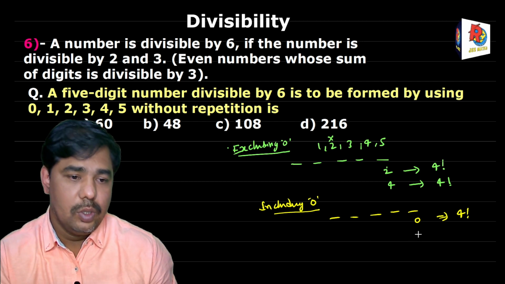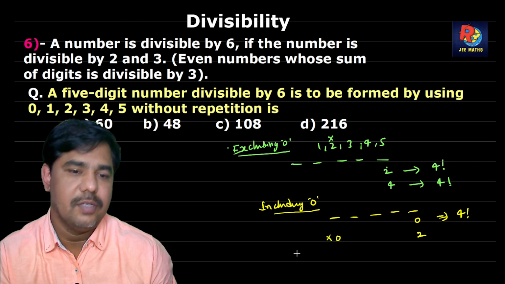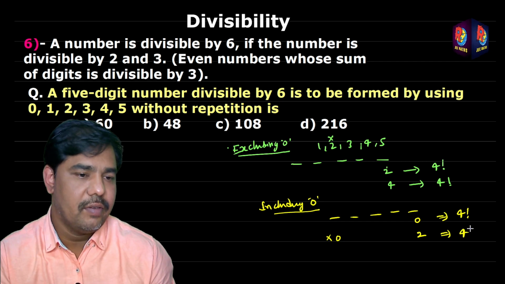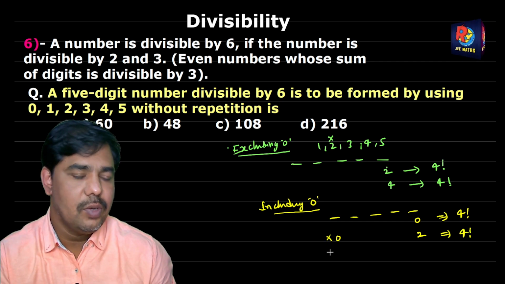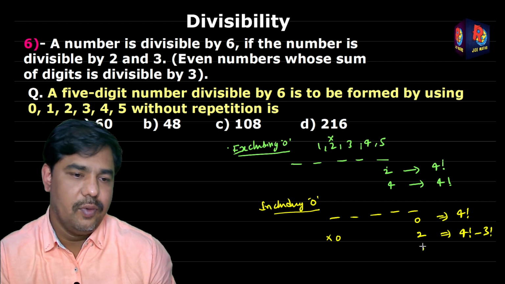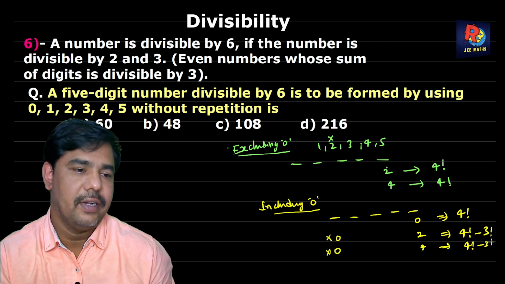If 2 is taken in the unit place, 4 factorial ways I can arrange, but 0 in the first place won't be possible. That's why minus 3 factorial. If 4 is taken here and 0 is not possible in the first place, that's why 4 factorial minus 3 factorial.